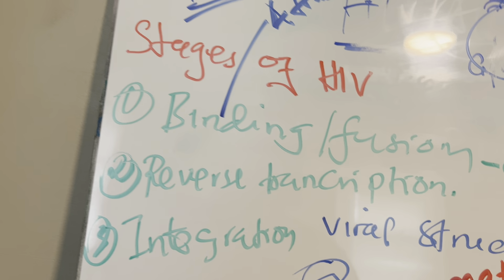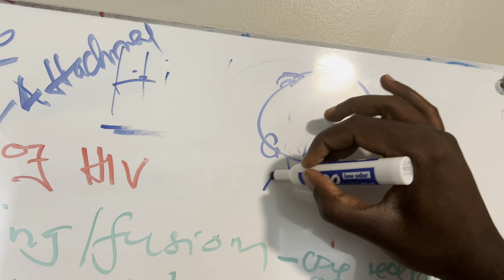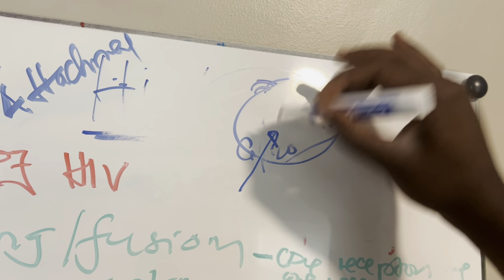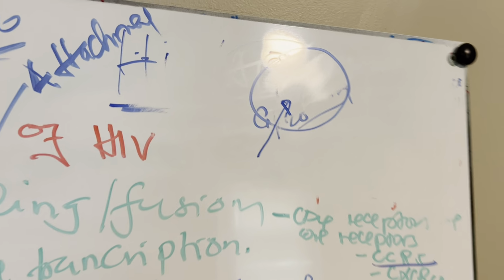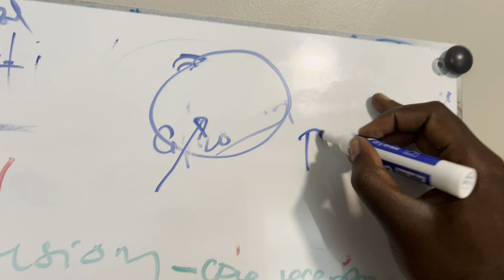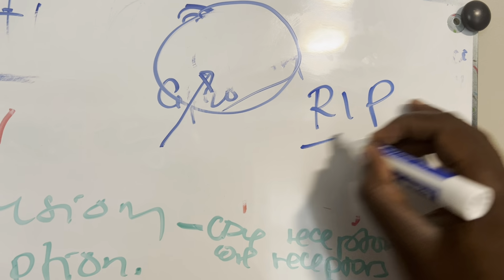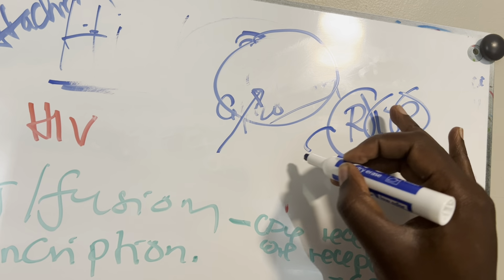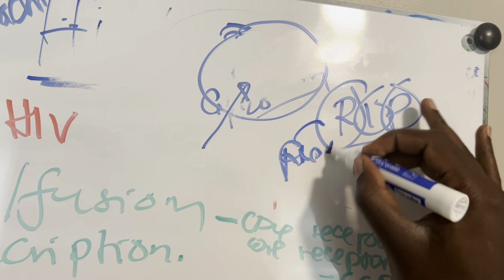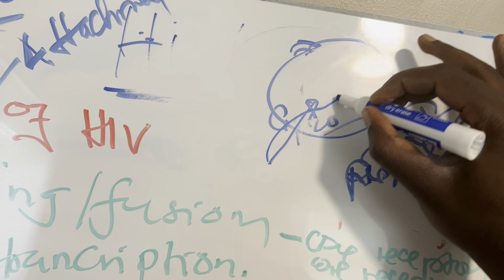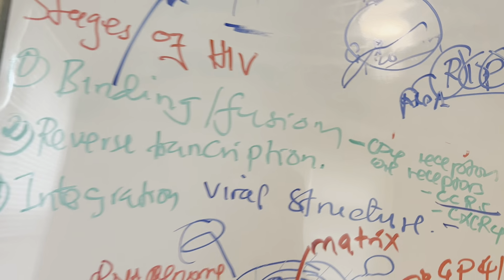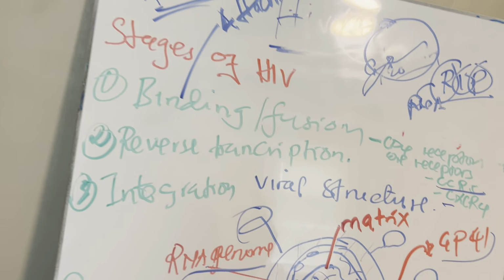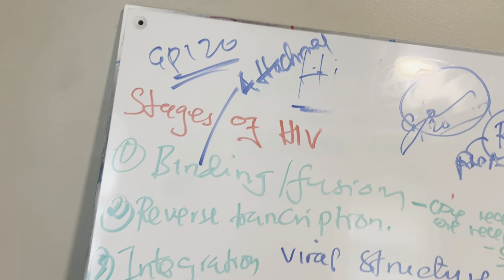Now there is the RIP: the reverse transcriptase enzyme, integrase, protease, and even the RNA genome are able to enter the host cell. Very, very important, this is the key characteristic of viruses.